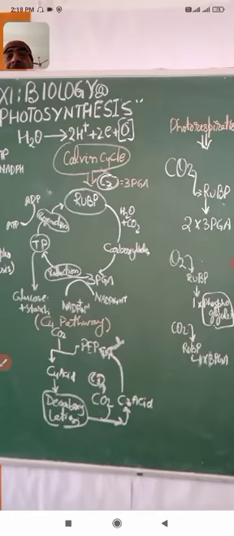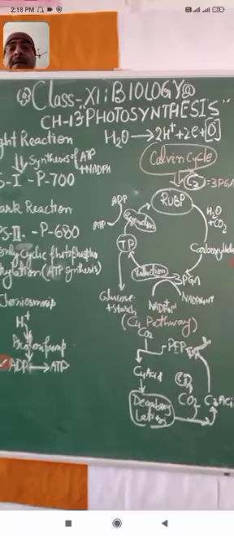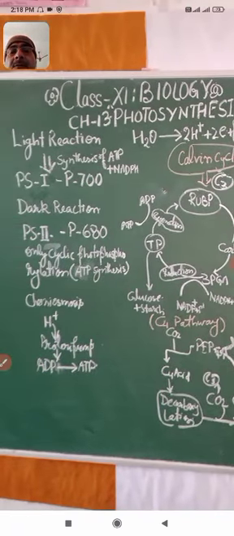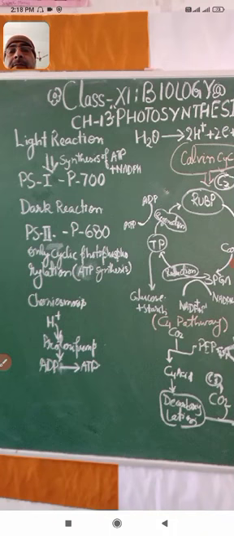See here, my dear students, in the process of photosynthesis there is the light reaction, and this light reaction takes place in units of the chloroplast known as photosystem 1 and photosystem 2.